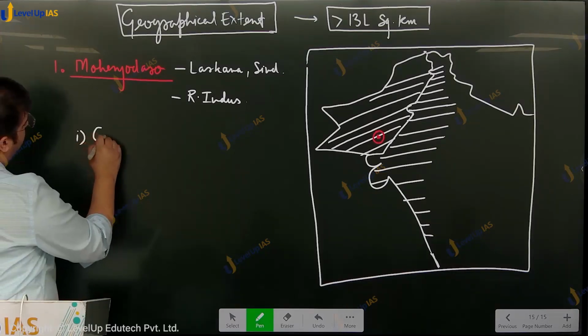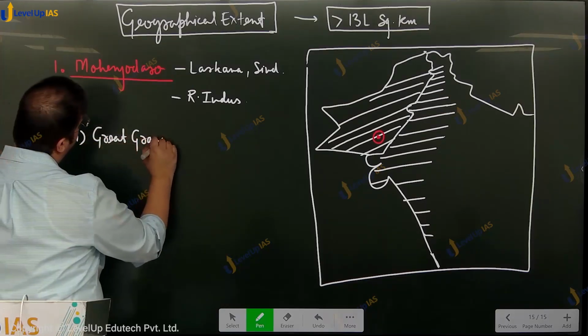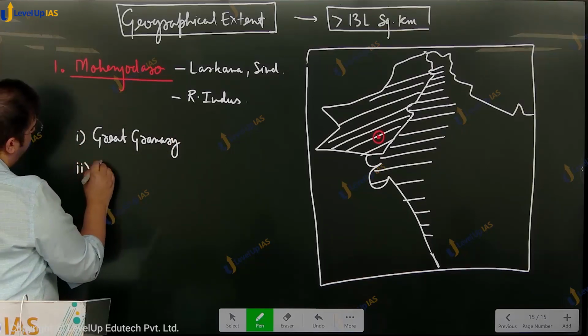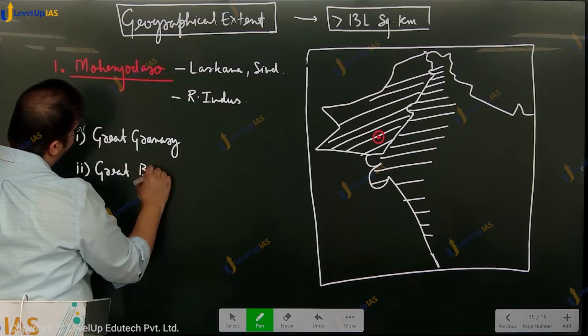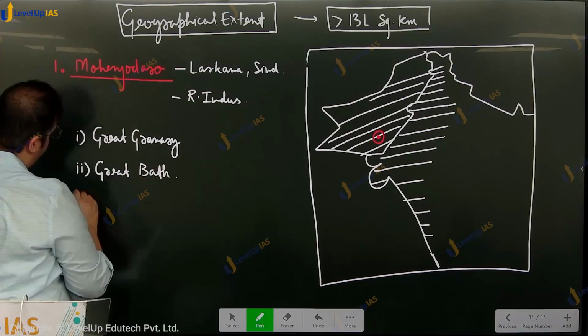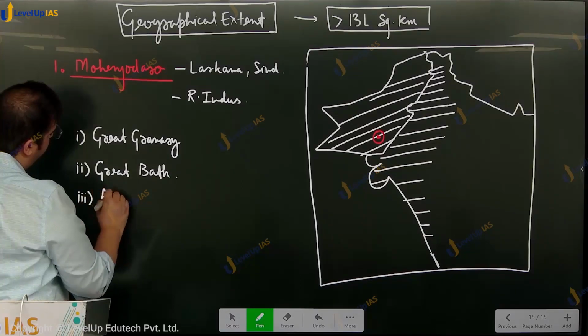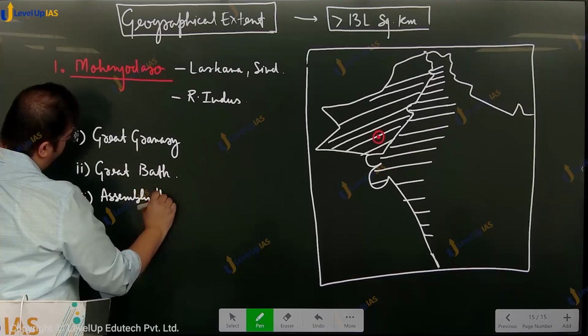First of all, a great granary. Secondly, the great bath. Thirdly, a multi-pillared assembly hall.